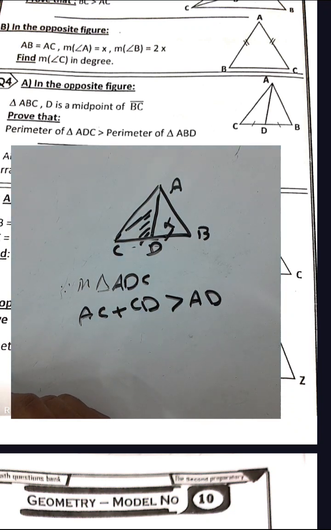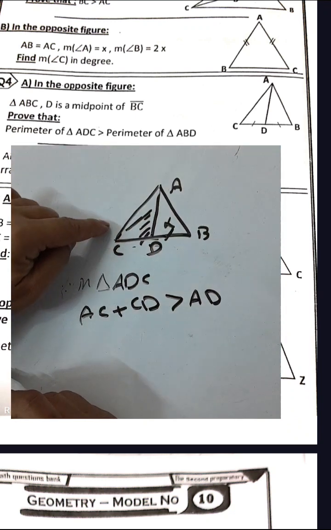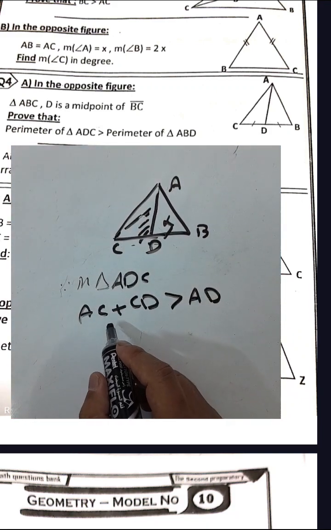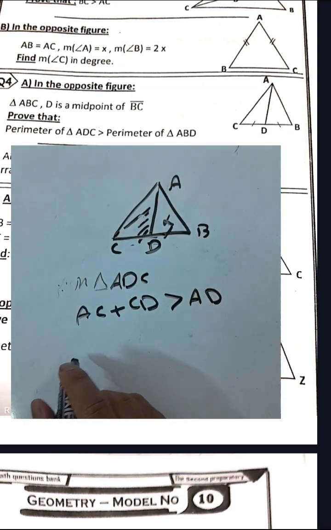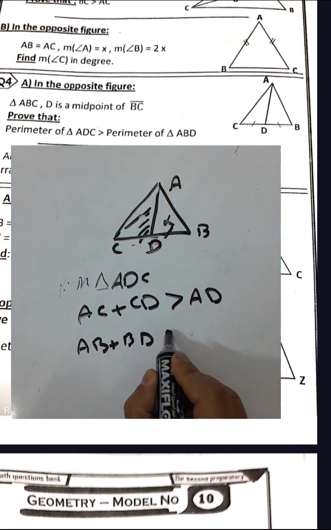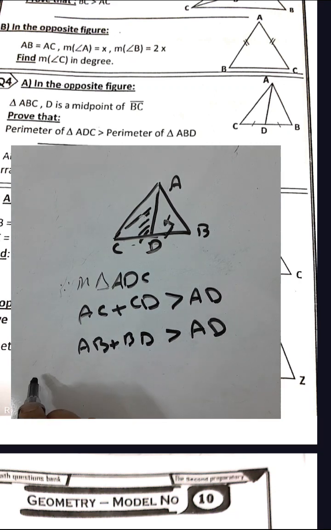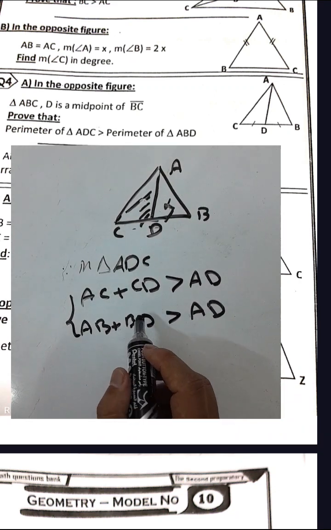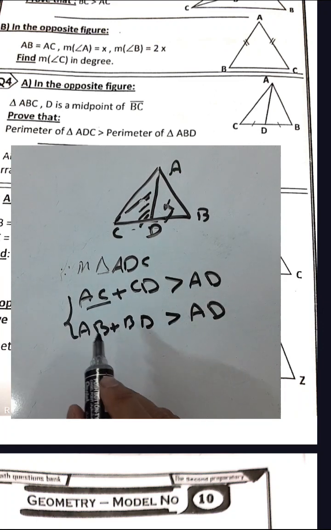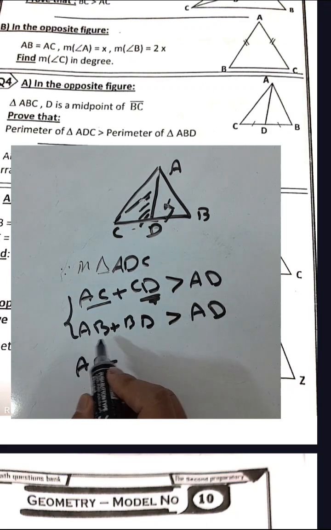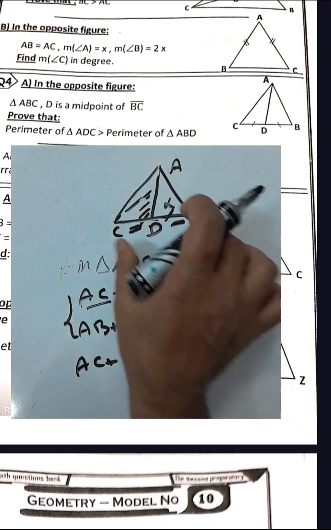How can we do that? We know AC plus CD is greater than AD. And complete with me about another triangle here. AB plus BD is greater than AD. Okay, and if we add the two relations together, we have AC plus CD plus BD, CD plus BD will be CB.